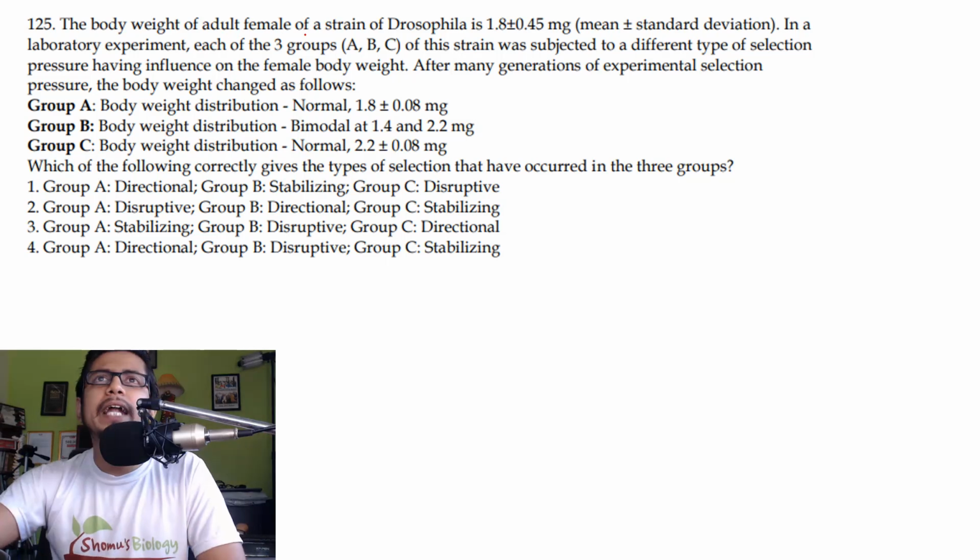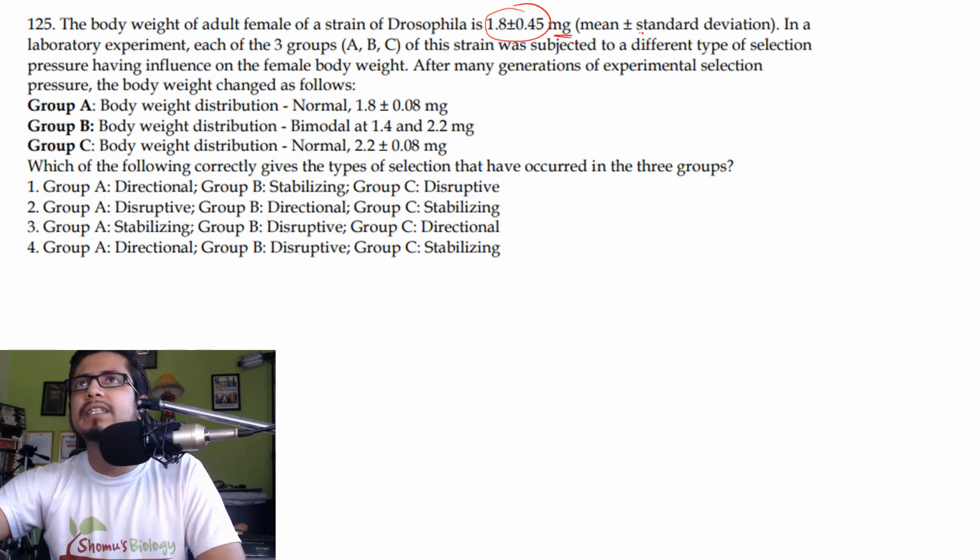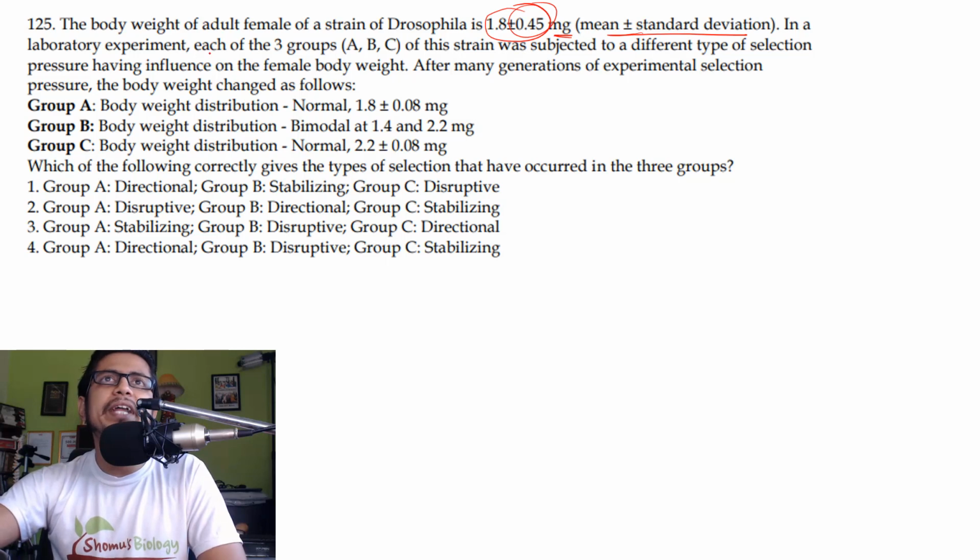The body weight of an adult female of a strain of Drosophila is 1.8 plus minus 0.45 milligram. Plus minus is the mean and standard deviation, like the 0.45 milligram is a standard deviation. In a laboratory experiment, each of the three groups A, B, C of this strain was subjected to a different type of selection pressure having influence on the female body weight. After many generations of experimental selection pressure, the body weight changed as follows.